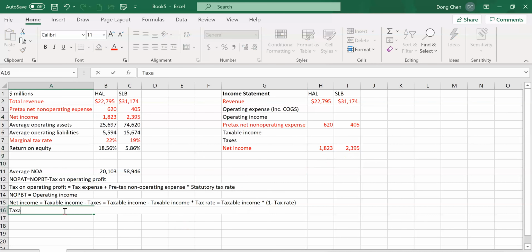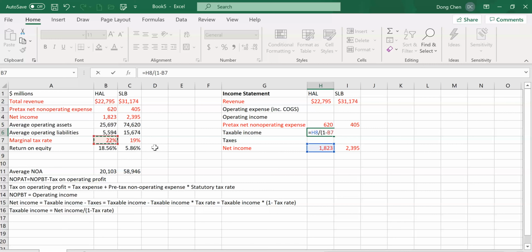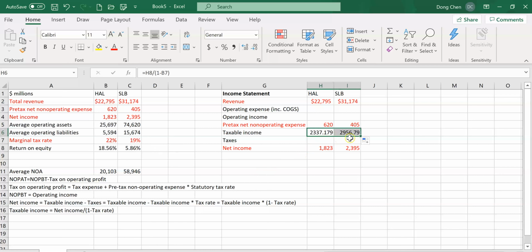So taxable income, now we could use that equals net income divided by 1 minus tax rate. So then we can use this formula to figure out the taxable income. Tax rate is right here, and then we can just pull the cell to the right, and that will automatically calculate the taxable income for the other firm.